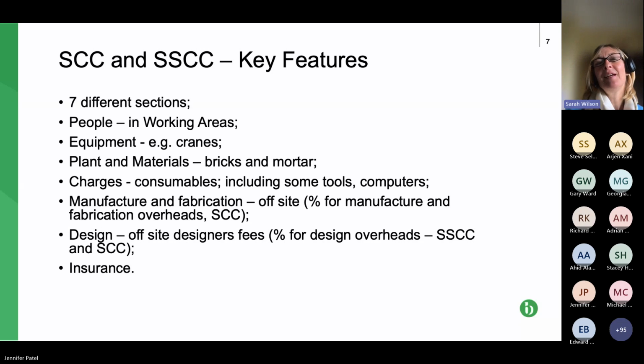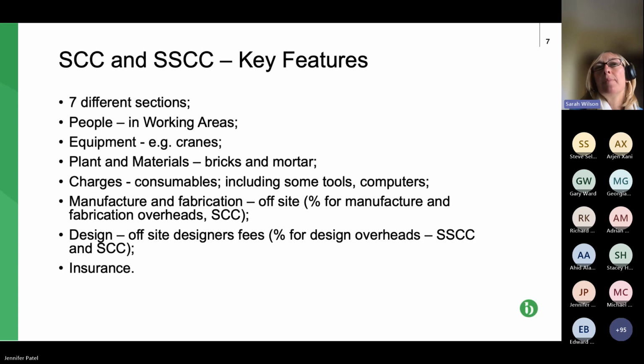The key thing here is what and when you can claim for those people, and it's to do with the definition of working areas. The working areas are defined in the contract data, part 2. So again, it's something for contractor and subcontractor to have a think about, and we'll look at that in a bit more detail.